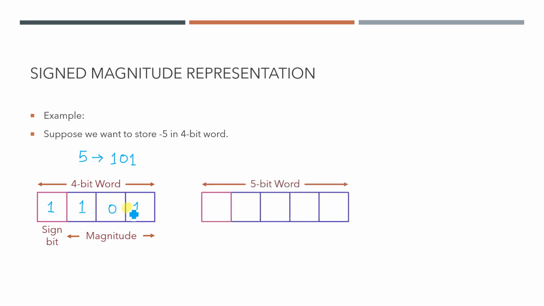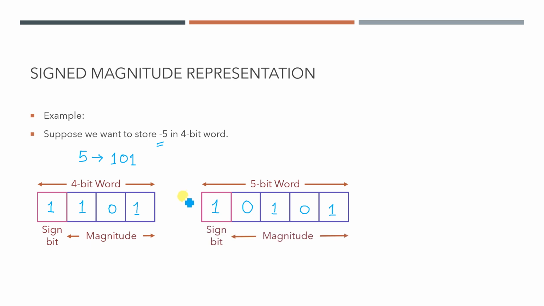Similarly, if a 5-bit word is given and you are asked to represent -5, the binary equivalent of 5 is 101. I'll put 101 over here, and because it is a negative number, the sign bit will be 1. One box is left where no value is there, so you put 0 over here. This is how you represent a negative number in your computer.